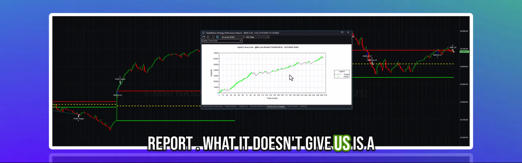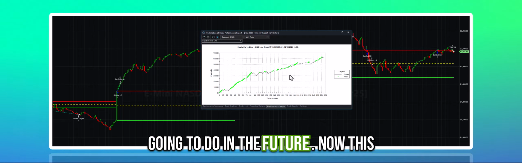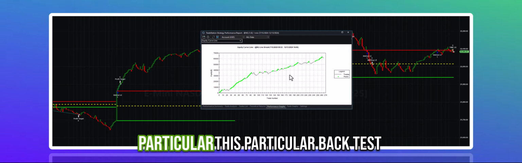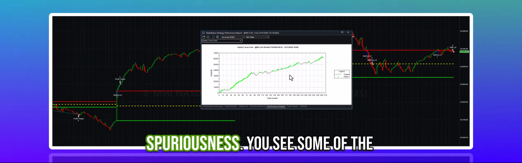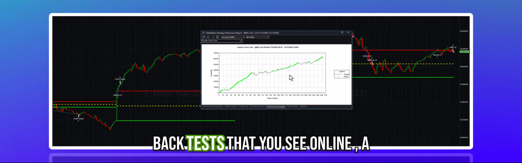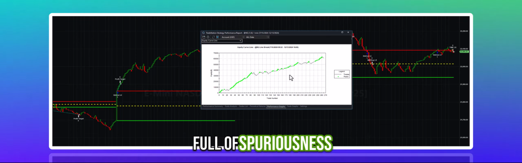What it doesn't give us is a guarantee of what something is going to do in the future. Now, this particular backtest does not have, we believe, much spuriousness. You see, some of the backtests that you see online are full of spuriousness.